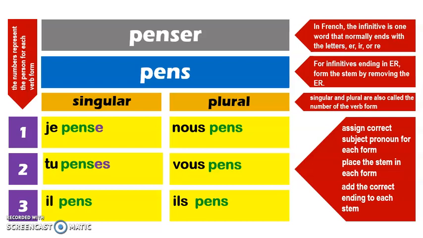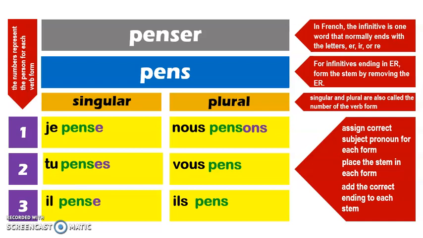Third person singular, you add the ending E, just like with je. Again, it is silent, so we say je pense, tu penses, il pense. For the first person plural form, we're going to add the ending ONS. And now we pronounce that nous pensons. So here's an ending that is not silent. Nous pensons. We think.